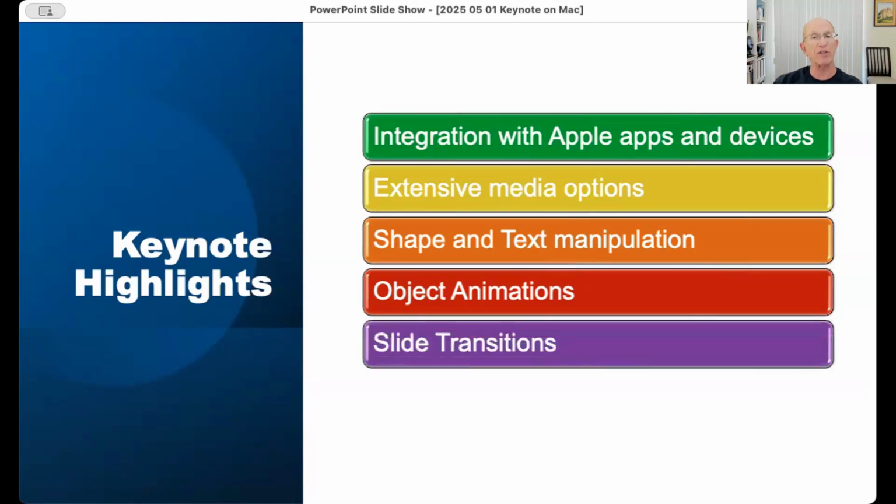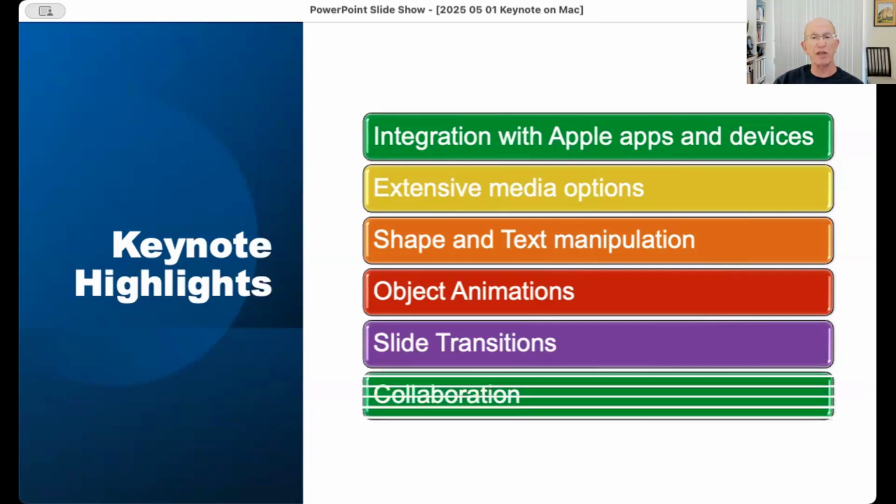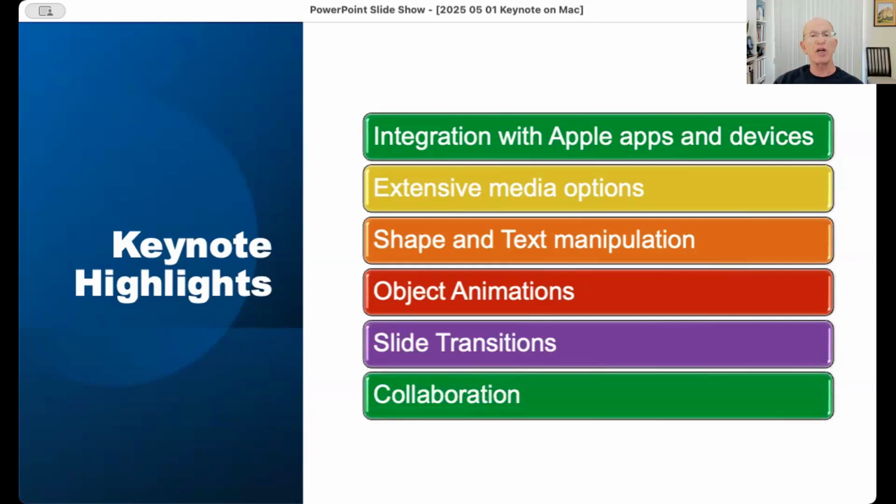And it has some transitions between slides. So even if you're using it for something just simple, say showing a photo library, and you want to do transitions between slides and make it into a slideshow, you can do that. And it does support collaboration. Collaboration meaning that you can share a Keynote presentation with other people, and they don't have to have a Mac.